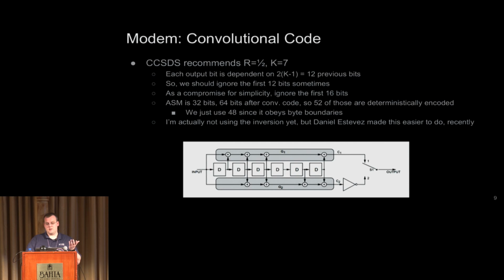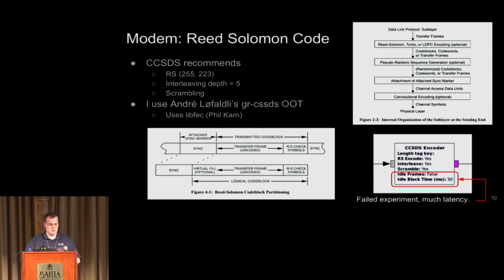And CCSDS recommends inverting one of the polynomials. I'm not doing that, but Daniel Estevez, who has a great blog about a lot of these things, has recently made an update to GNU Radio that makes that possible. The Reed-Solomon encoder was, like I said, provided by, I think, Andreas Lafaldi.